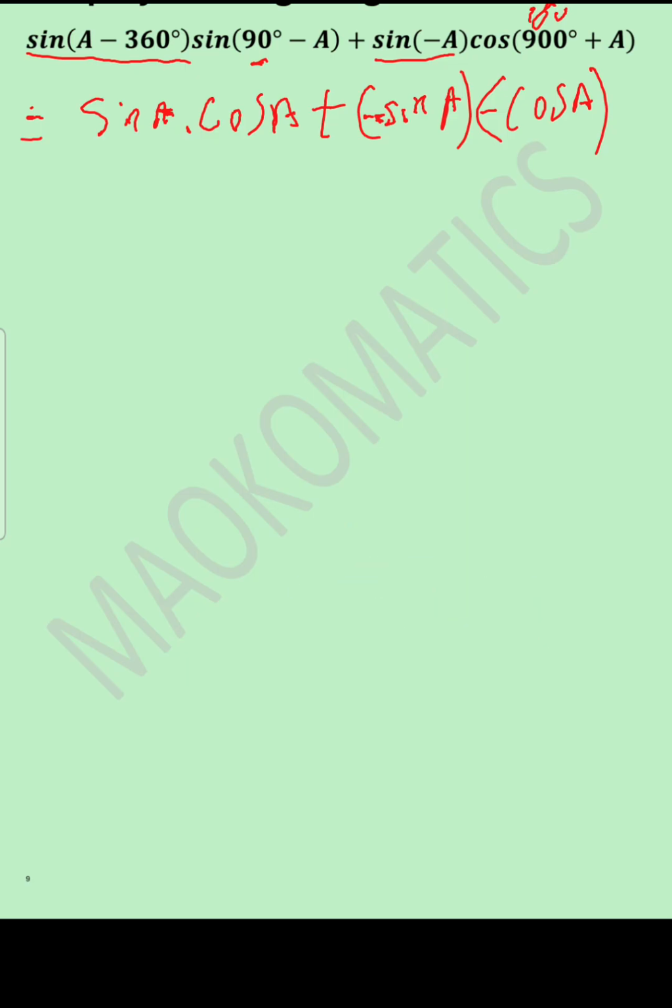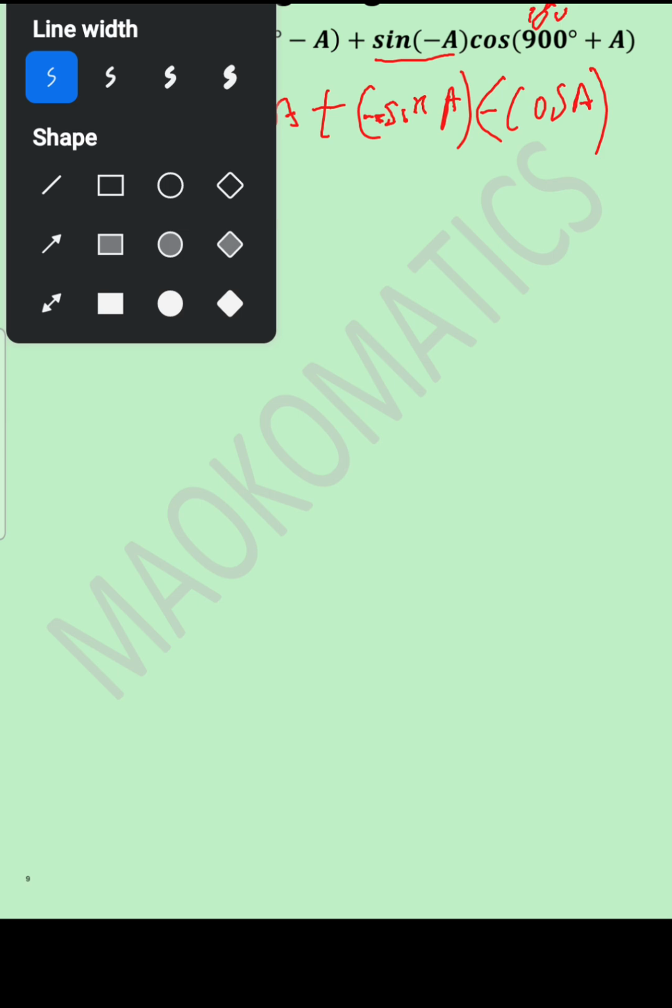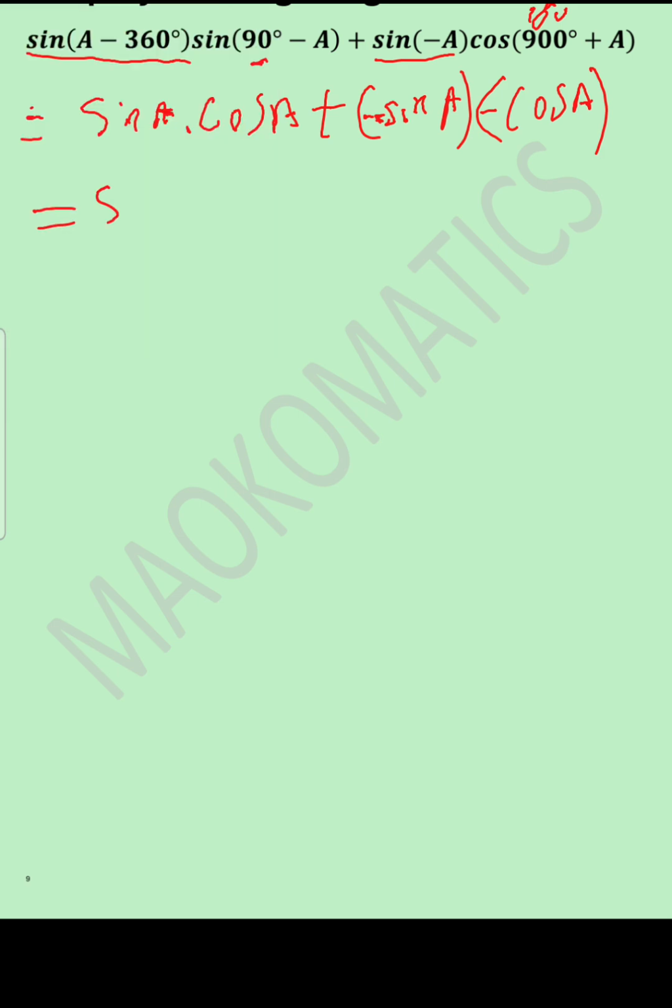Now we can say this is sine A cos A. Multiply negative and negative gives positive. So positive sine A cos A. You add these two, they are like terms.